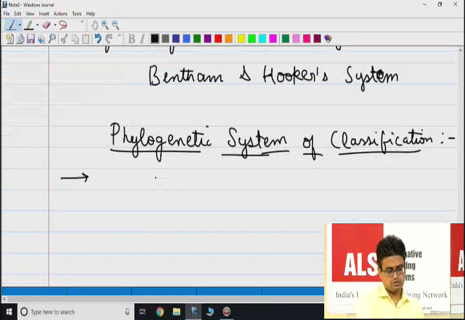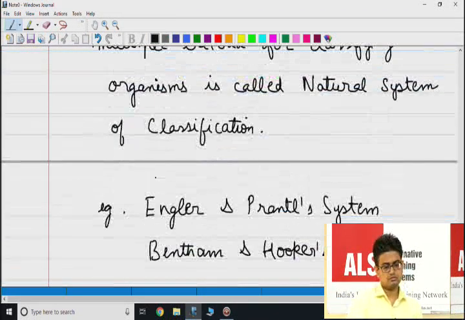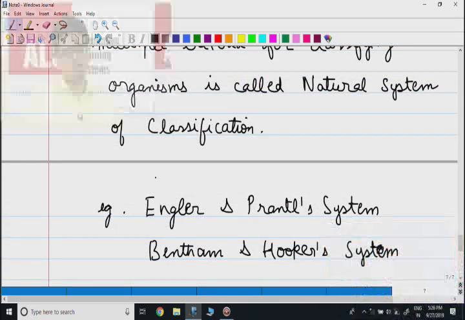Yeah, okay, sure. I'll scroll back. Bentham and Hooker's system, Engler and Prantl system.